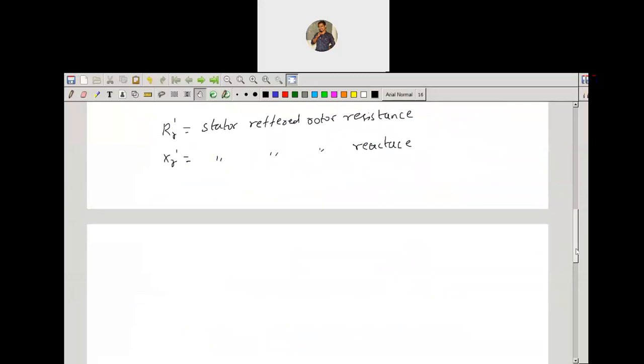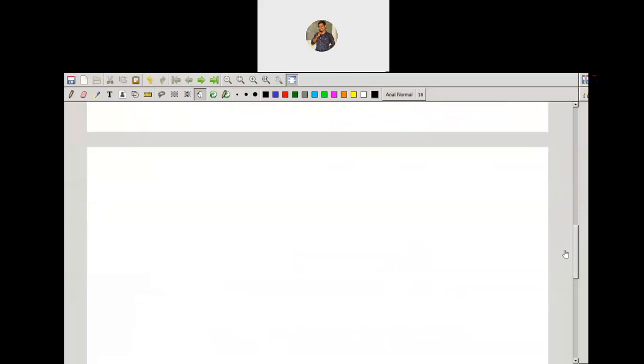Let me talk about this slip here. The slip is given by, all these things you already know, I am just recalling them here. The slip will be given by the difference between the synchronous speed and the rotor speed over the synchronous speed.